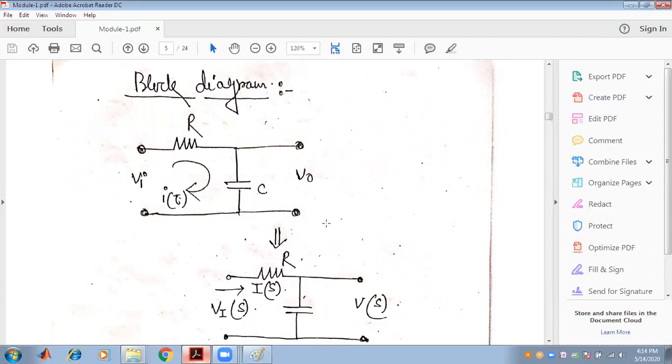Along with that, for the different impulse responses, we also get the nature of the system. It is clearly seen that if the poles are lying on the left-hand side of the S-plane, the system is called a stable system, and the corresponding nature of the response is converging in nature.